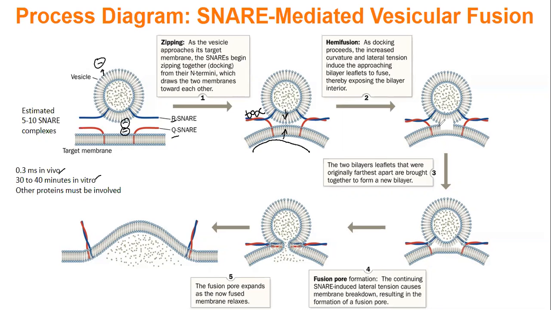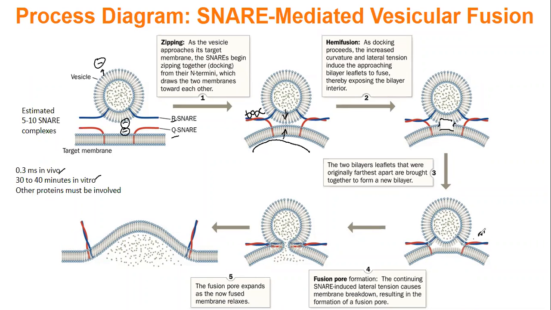Then through some mechanism that is not being explained here, you will lose some lipids. These lipids will just go away. This is what's called hemifusion, where you're halfway fused between your vesicle and your bilayer. So your zipping will continue.